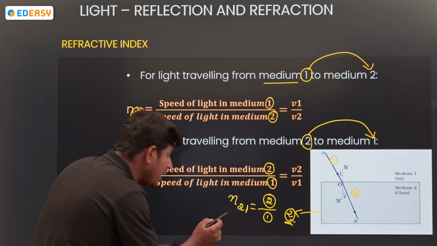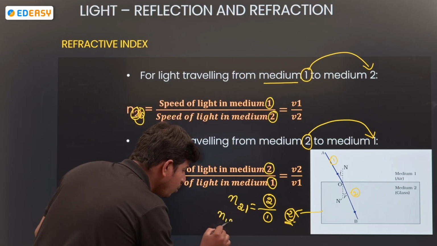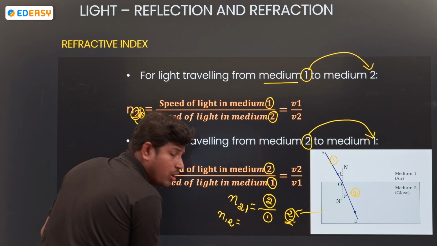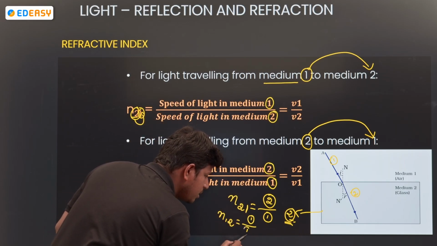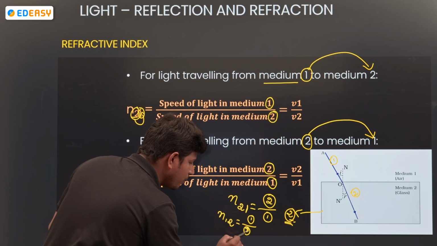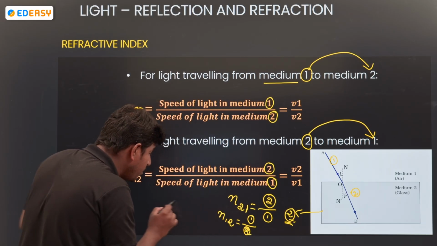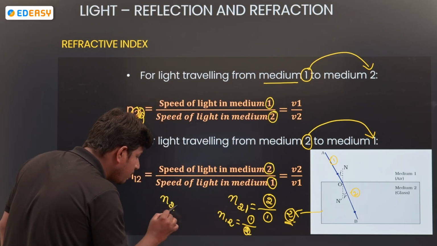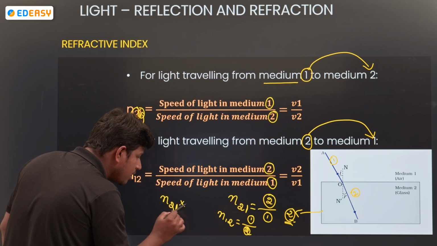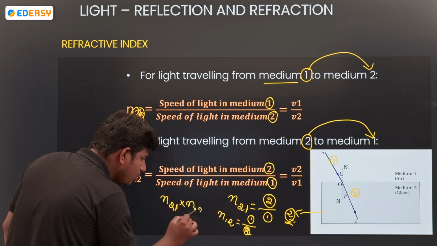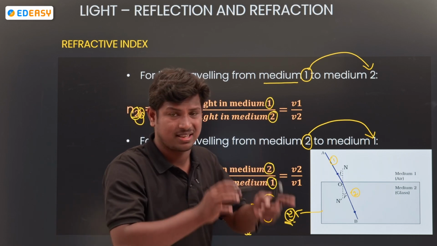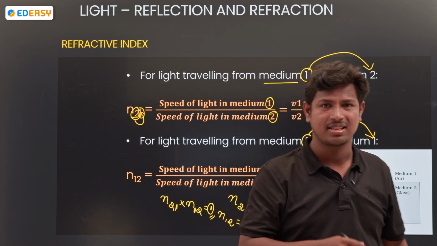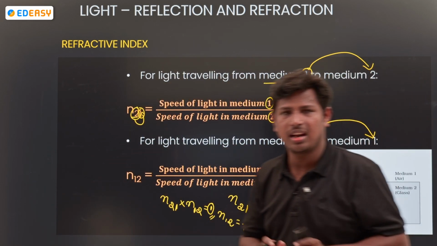If you multiply these two, what will you get? You will get 1. It is the inverse. Okay, clear?